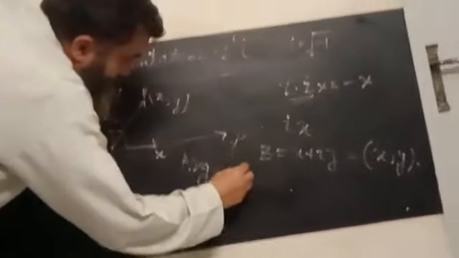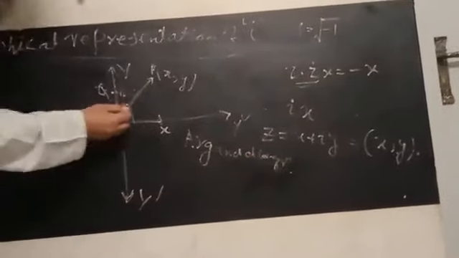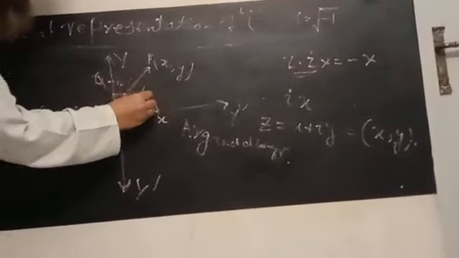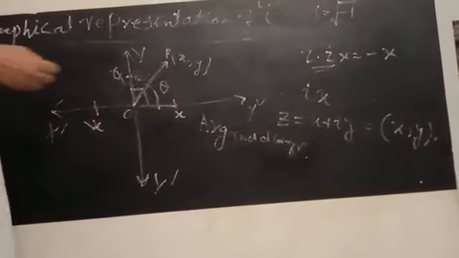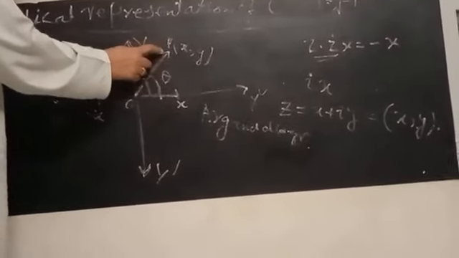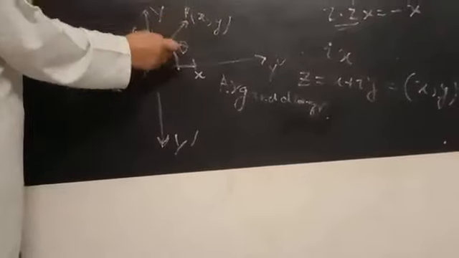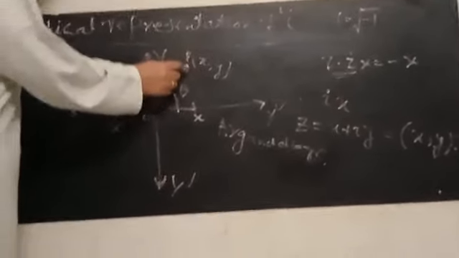In here, this angle theta, which is made with the positive x-axis, is known as argument of the complex number, and the length of this vector is known as the absolute value or modulus of the complex number.